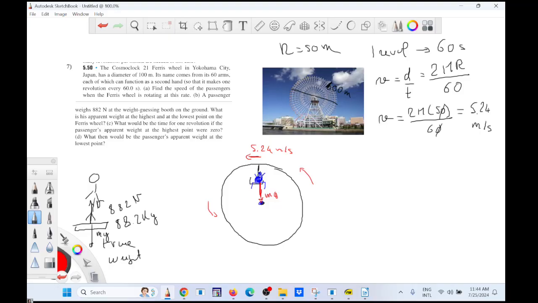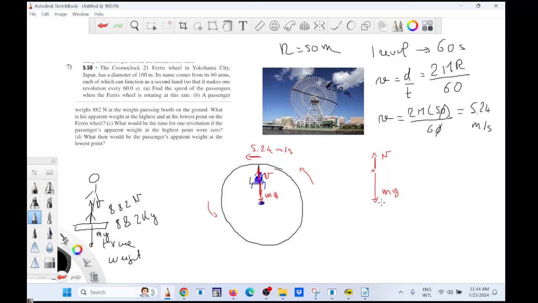In that case, that will be the normal force, because the normal force always goes from the contact surface and the system. So here we have a normal force. So the free body diagram will be the weight down, the normal force up, and the weight has to be larger than the normal force. Okay?